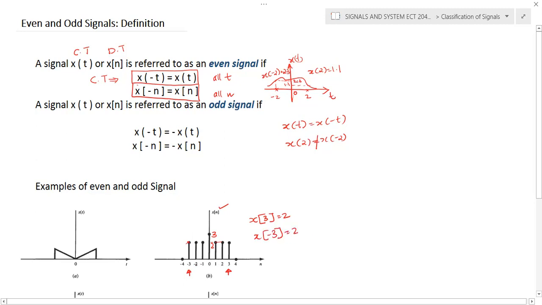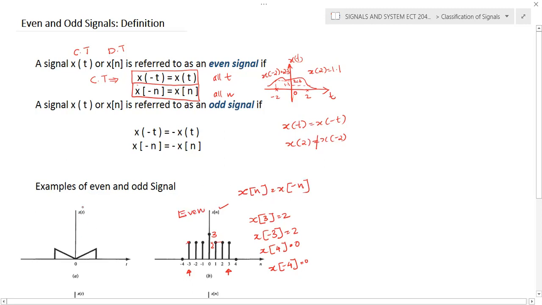Similarly, at x of 4 the function magnitude is 0, and at x of minus 4 it is again 0. If you compare all these values, you get exactly the same. So x of n is equal to x of minus n, and the given signal is an even signal. It satisfies the condition x of n equal to x of minus n.